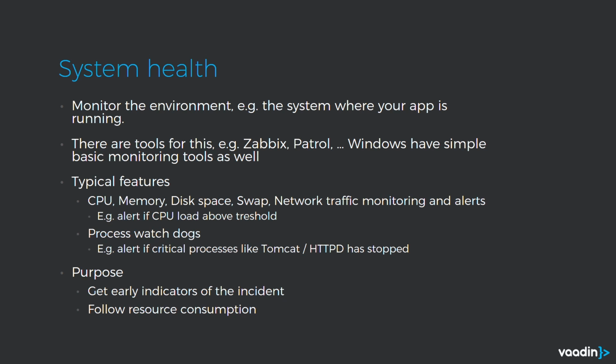Things we typically want to monitor are the CPU usage, memory usage, how much swap memory has been used, whether there is enough free disk space, and of course the network traffic.